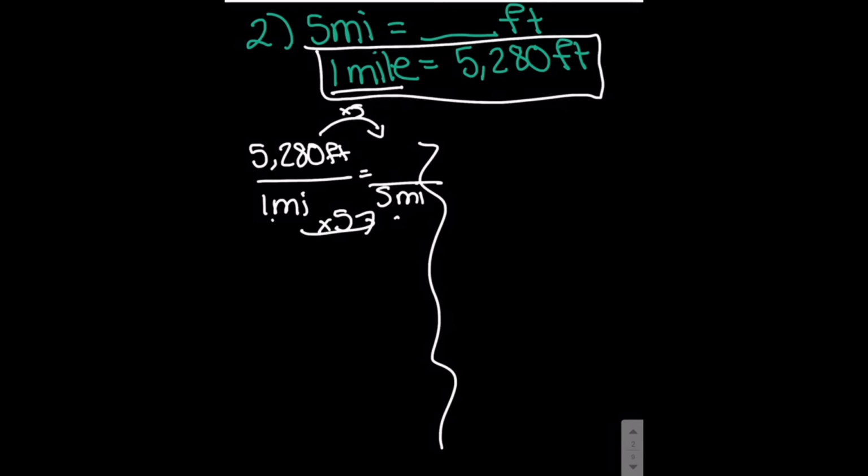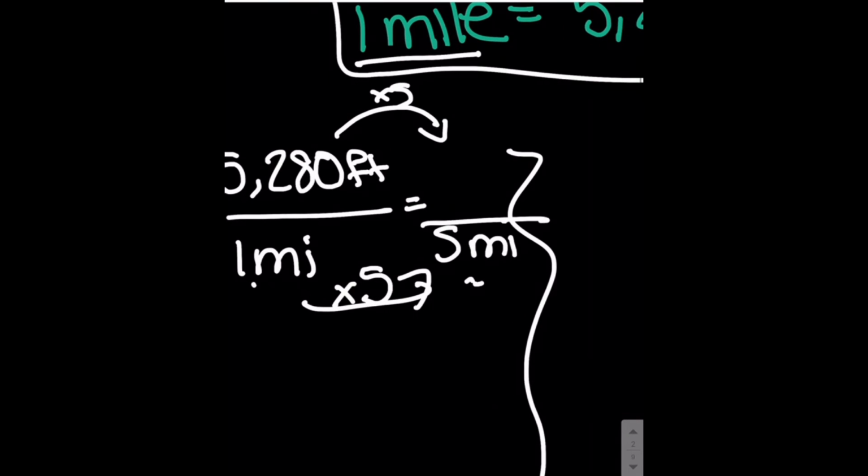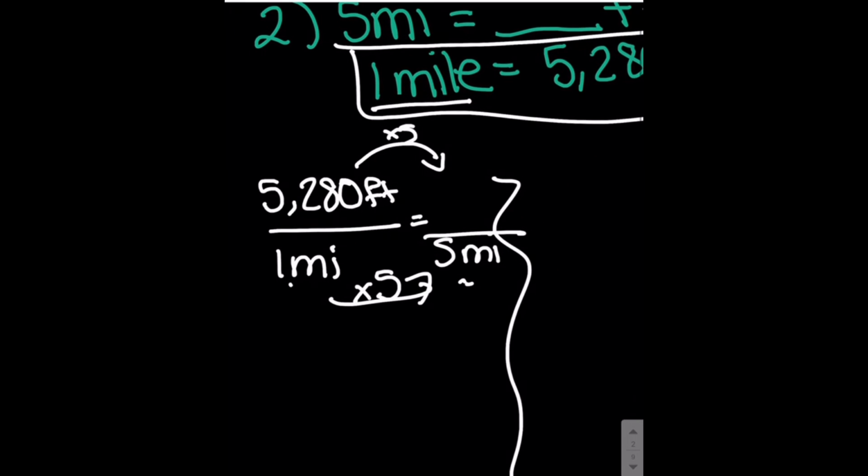Times by 5. Usually both of your denominators must be filled, so you want to see the 2 units are the same. If they're 2 feet and you're not given one of the miles, your denominators must be full. Your numerator is always the one that's not full.